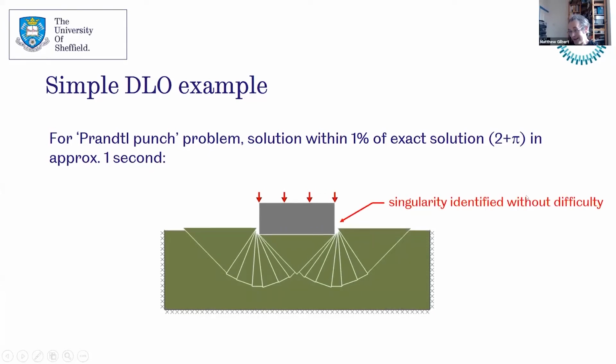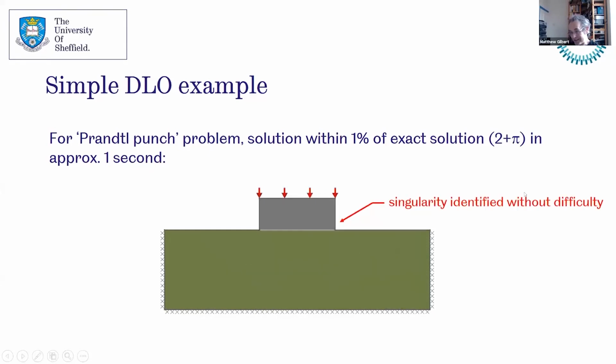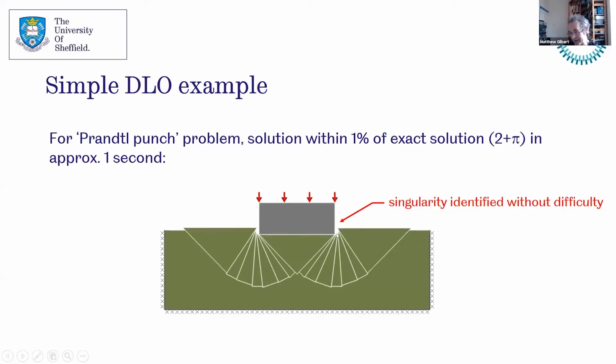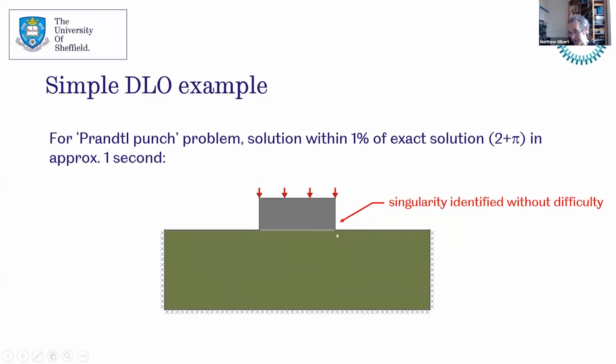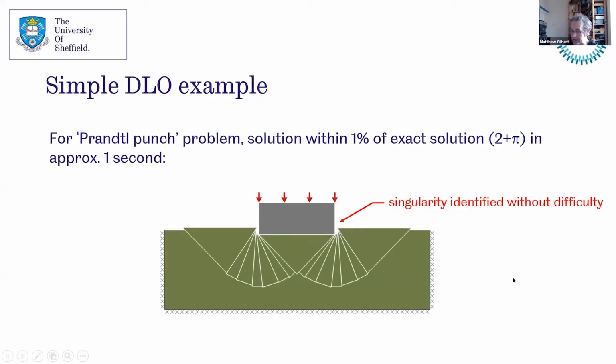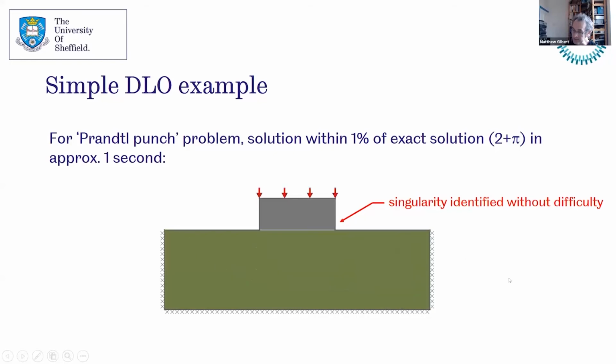A nice thing about the method is things like the singularity that you see near the edge of the footing, that potentially can be problematic for finite element-based methods, where you might need to remesh, for example. You can identify that with this method without difficulty. That's a nice feature of the method.